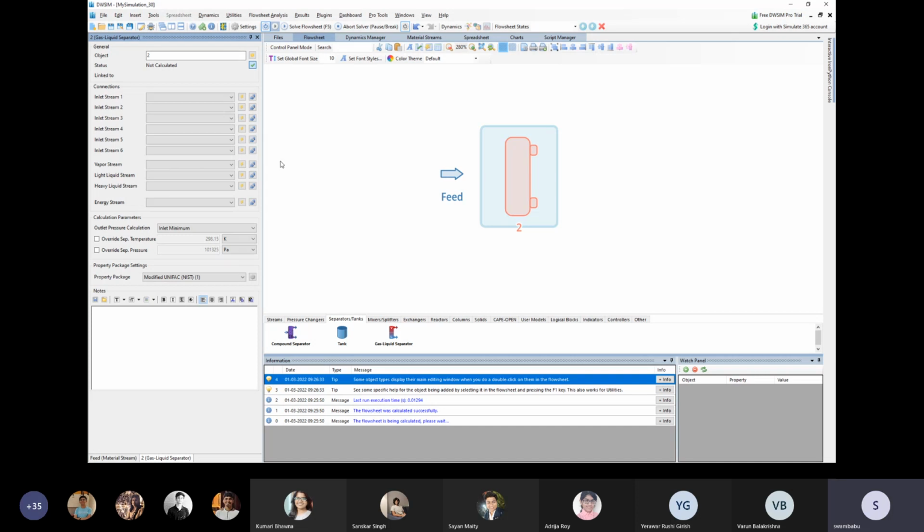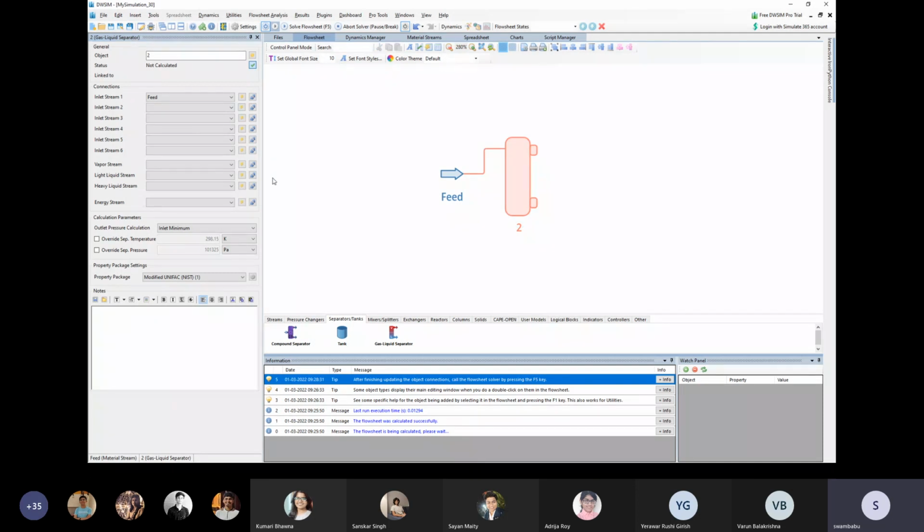So one inlet stream is required, and the feed stream we have fed. You can connect multiple inlet streams to this flash separator; up to 6 streams are allowed in the software. Now, one vapor stream and one liquid stream have to come out.